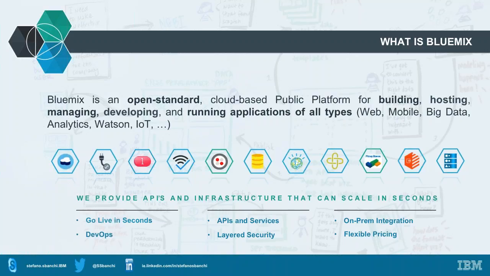Bluemix provides access to a catalog of services which are APIs and access to an infrastructure that allows you to go live and scale rapidly. Bluemix offers several layers of security, DevOps, and on-prem systems integration, all with a flexible pricing model.